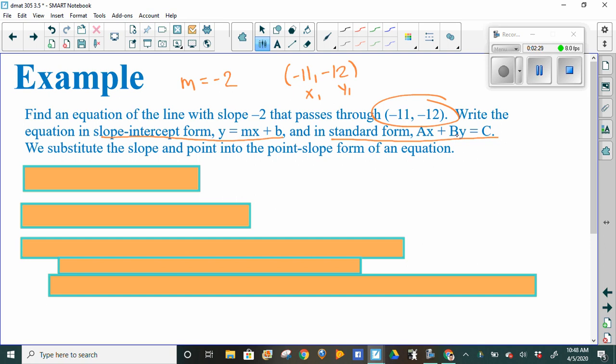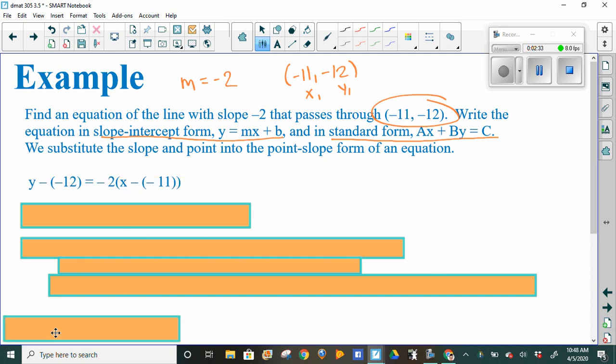Okay, so to start with, I'll write it above: y minus y1 equals m times x minus x1. So here's your m, so replace the m with -2, and your x1, y1.